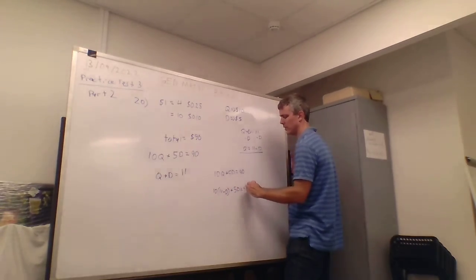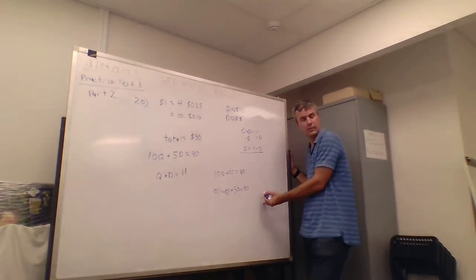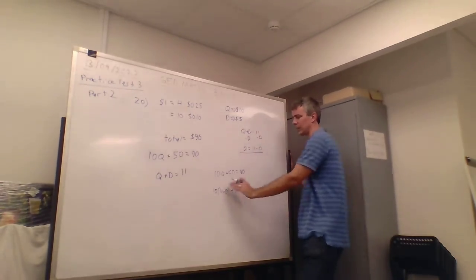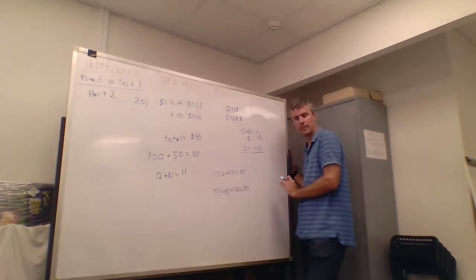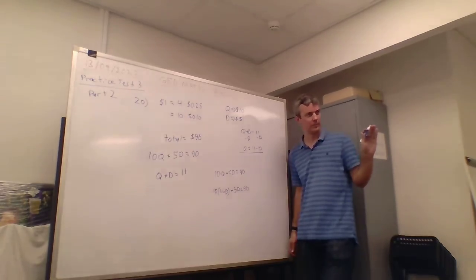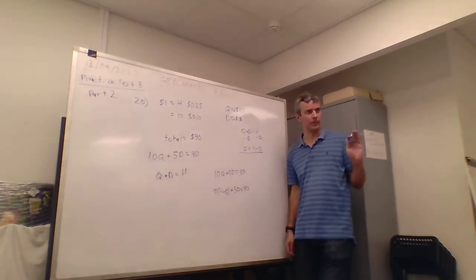Do you see what I did there? I solved for Q by itself. Now since I know what Q is in terms of D, I can put that in place of Q. And now I have just D. When I have one variable, I can solve. That's my goal. I'm trying to get one variable.